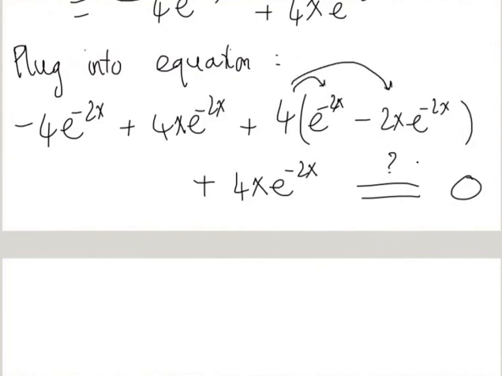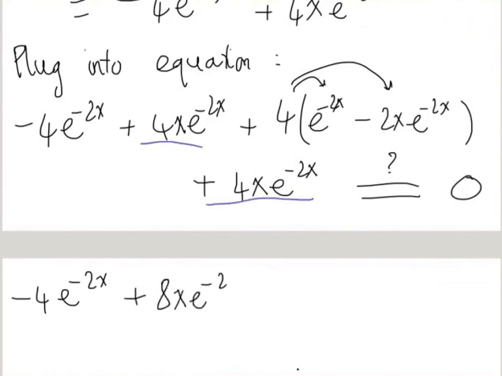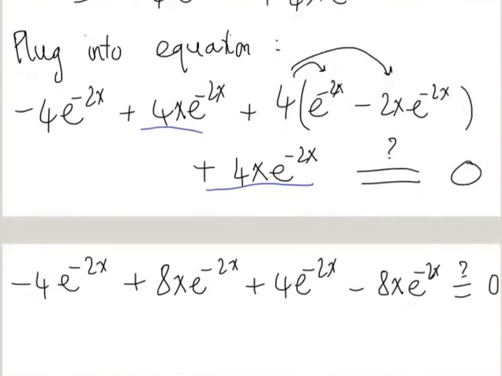Well, let's distribute and collect like terms. We have minus 4 e to the minus 2x here. And then we can combine these to get plus 8x e to the minus 2x. And then distributing, plus 4 e to the minus 2x minus 8x e to the minus 2x. And we want to check this is 0.